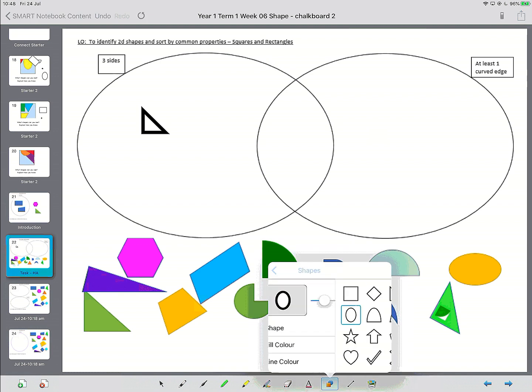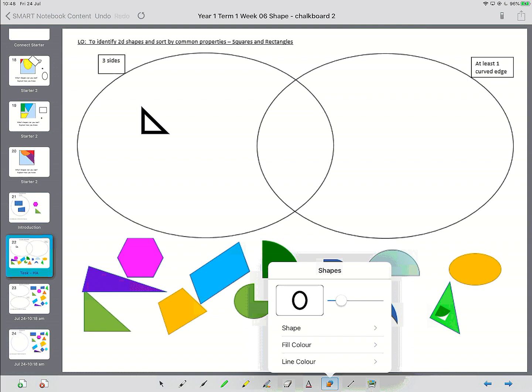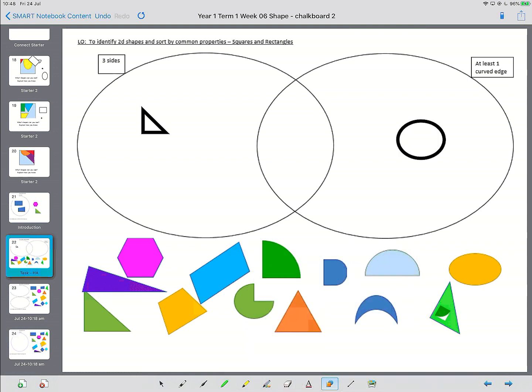We're also looking at shapes with a curve. So with at least one curved edge, we'd be able to put this shape in. So circle, isn't it? But also there are shapes that go in the middle because they've got 3 sides and they've got a curve.